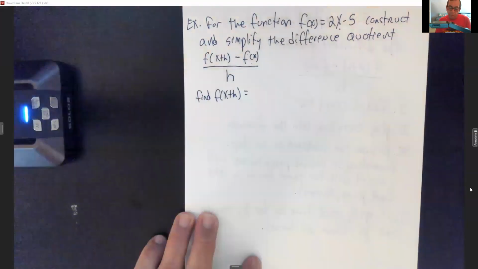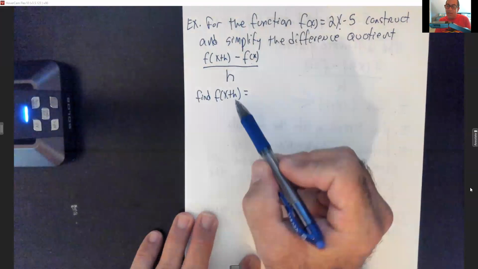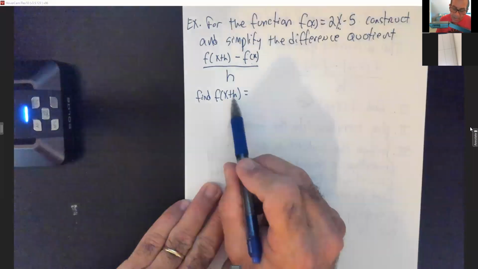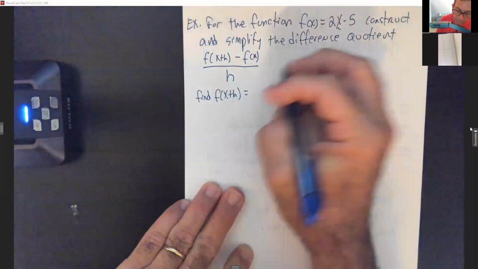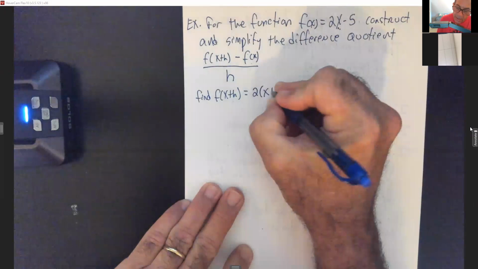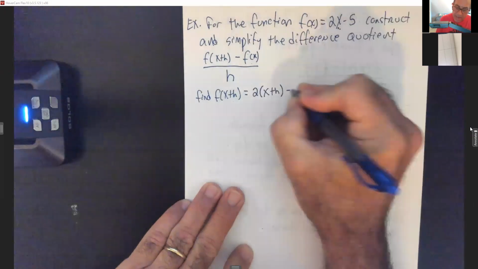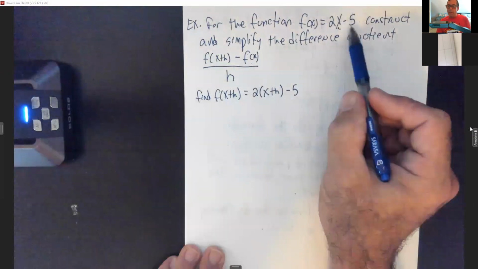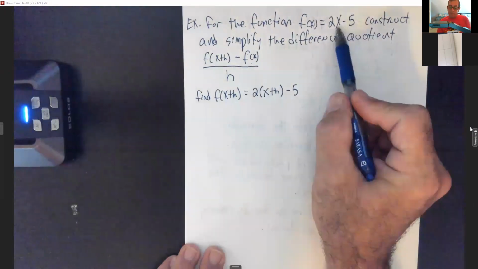So remember, f of x plus h means to take this f of x function and wherever they have an x, we got to replace that x with an x plus h. So f of x plus h will equal 2 times x, which is x plus h, and then we have a minus 5. So you take your original function and put that x plus h in for the x.